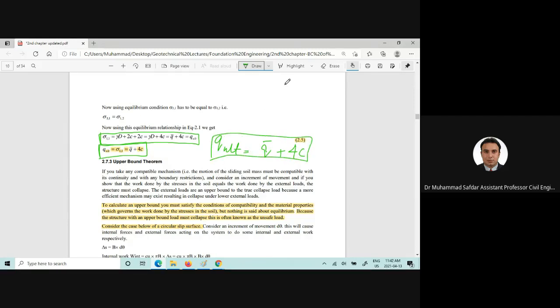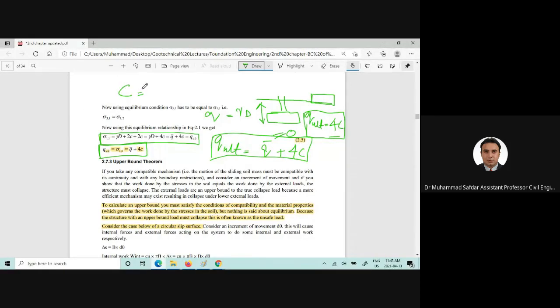Now if we are placing the foundation at a certain depth here, then we are considering gamma into d, which is q bar. But if we are placing a foundation, for example here, in case of raft foundation, this q bar will be equal to 0, and we can say that the ultimate bearing capacity of that soil will be related to 4c. Now what is c?